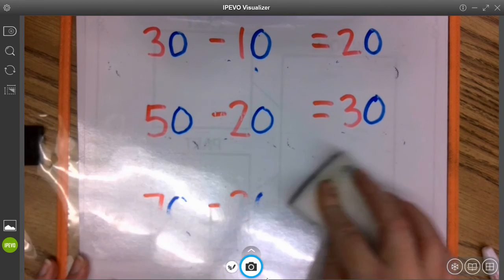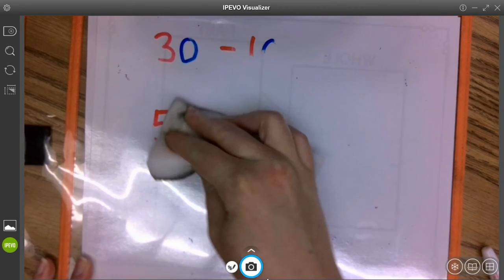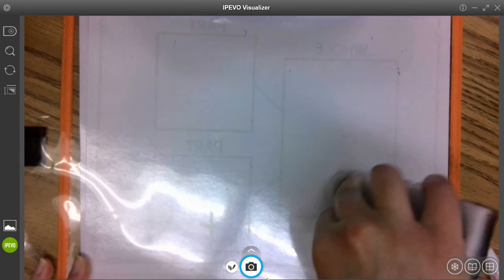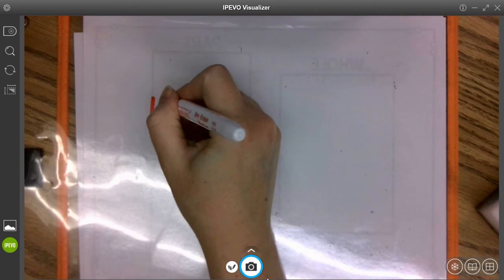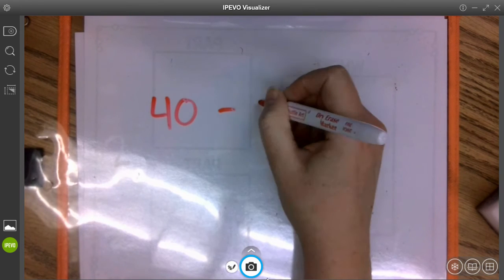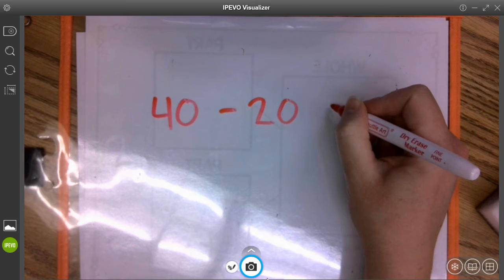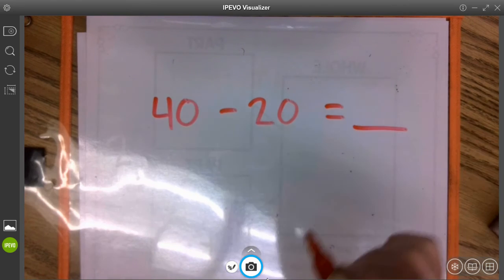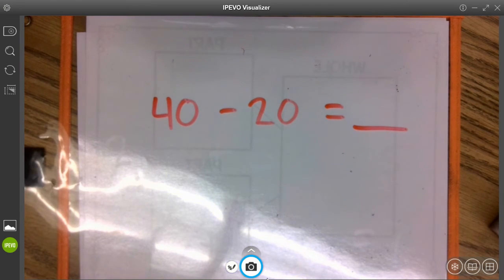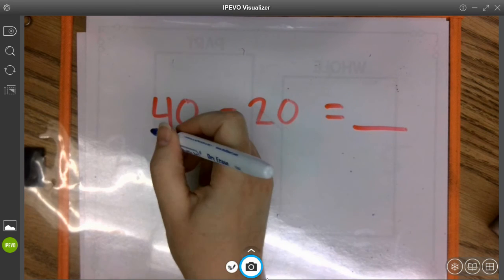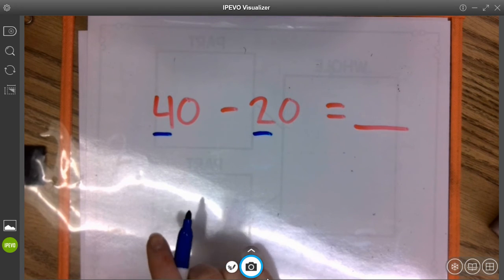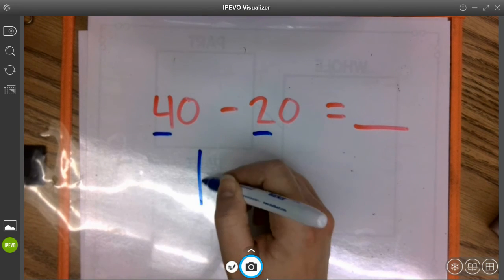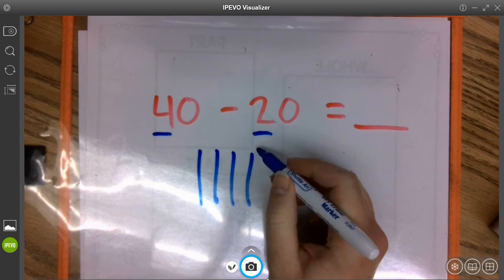So that means let's see how we can do with a couple on our own. Okay, if we have the math problem 40 minus 20 equals blank. What are we really looking at? We're looking at 4 tens minus 2 tens. And what is 4 minus 2? 1, 2, 3, 4 tens.